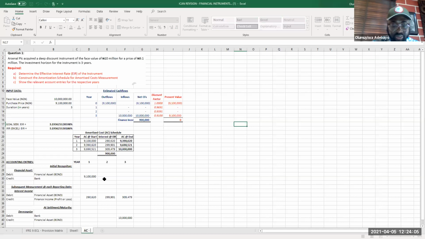Amortized cost on financial assets, discount bond. Let me share this with you guys, and you use the knowledge there to do question 2. Let me put question 2 here.